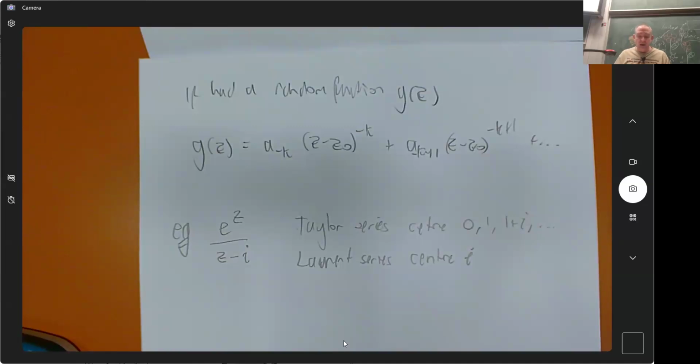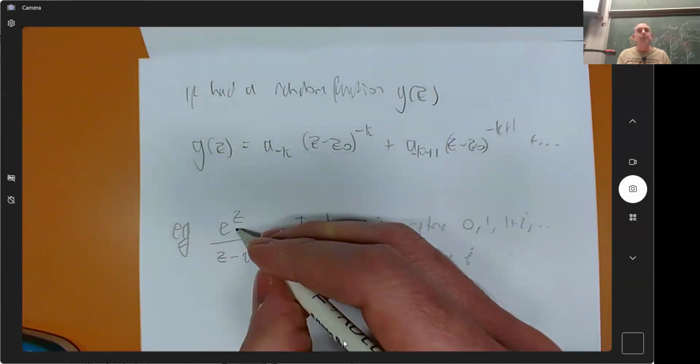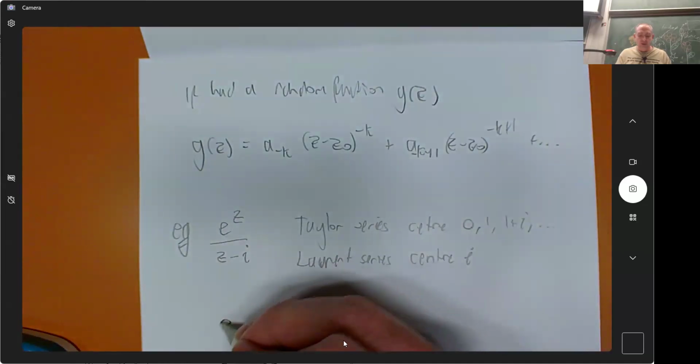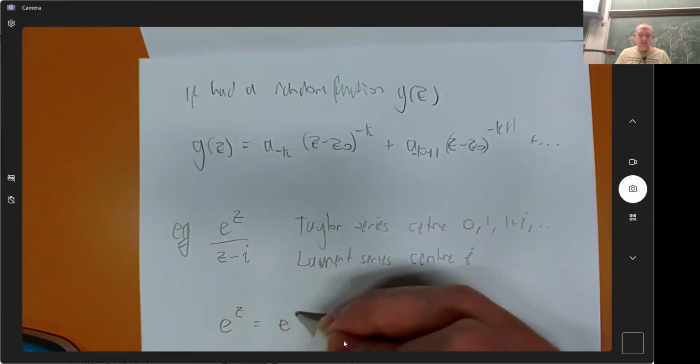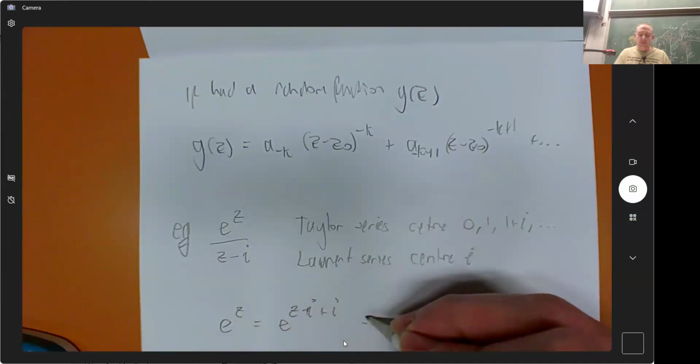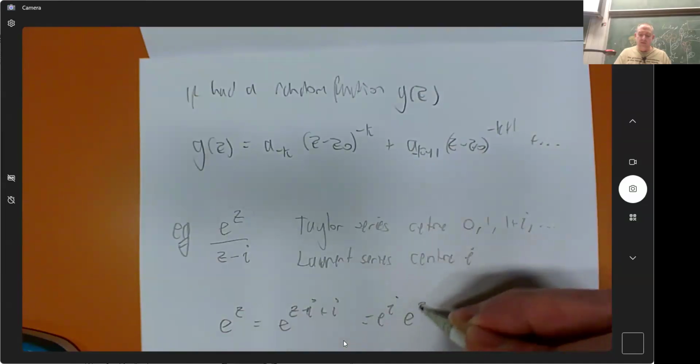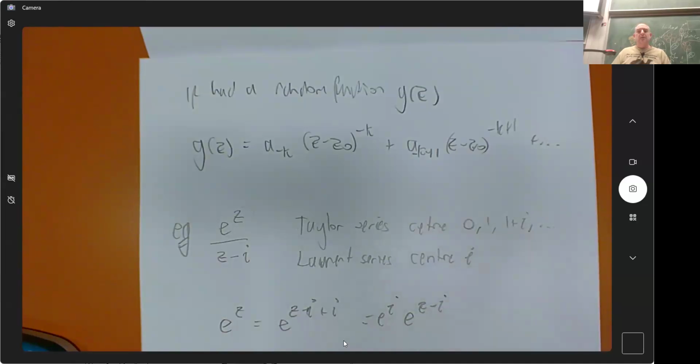The reason I know that is because this is analytic. And so e to the z is e to the z minus i plus i, which is e to the i times e to the z minus i. I don't like e to the i, but there you go. I guess that'll be cos of 1 plus i sine of 1.